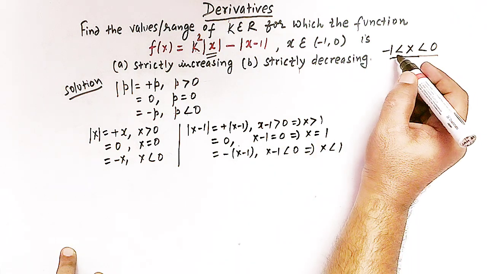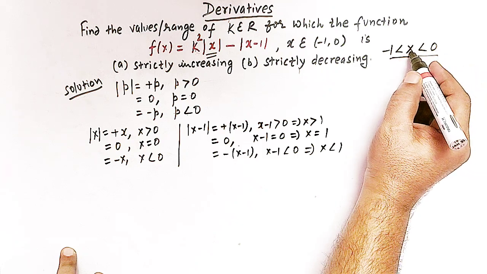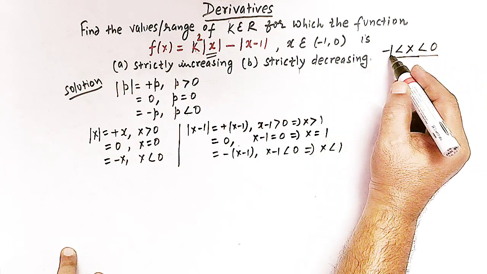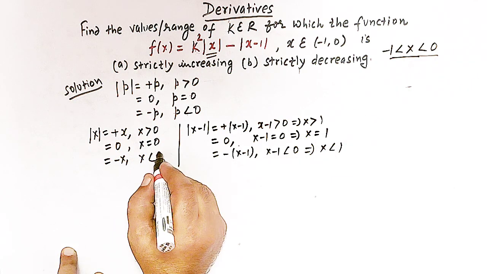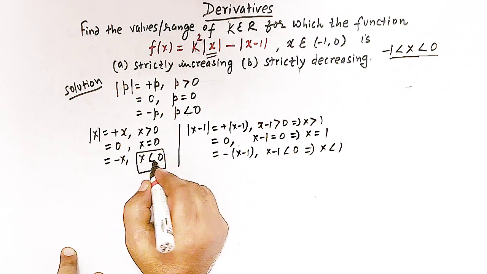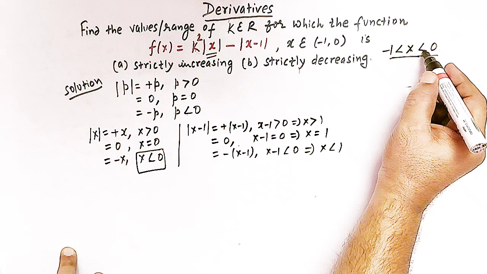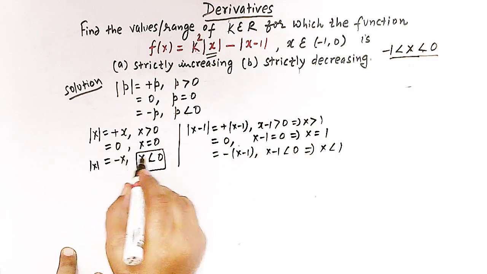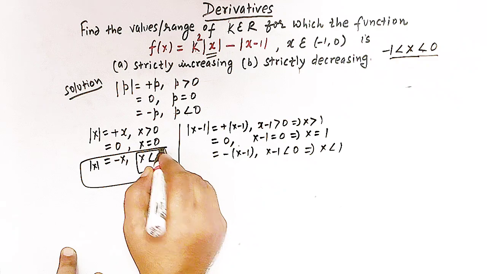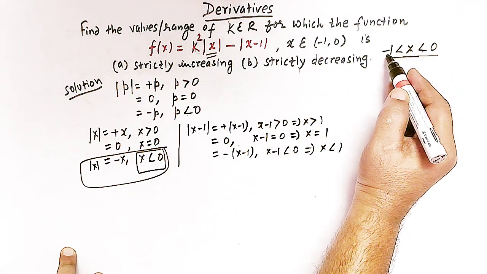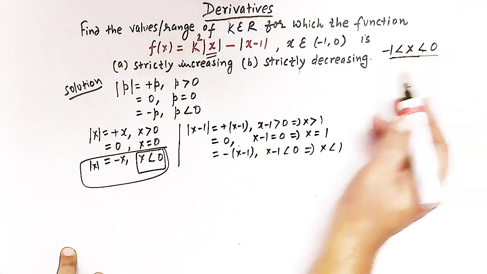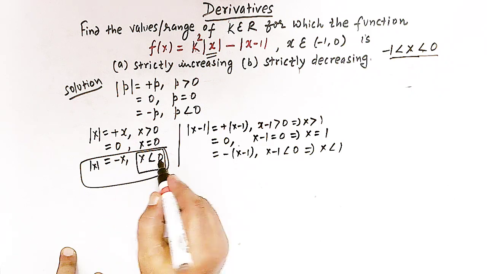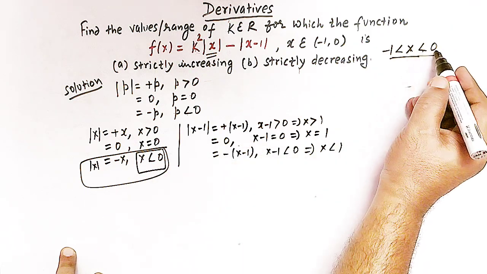Okay, now let us see this interval, that is x lying between minus 1 and 0. Now see, here we have x less than 0. So mod of x is equal to negative x when x lies between minus 1 and 0, because mod of x is negative x when x is less than 0, and here we are given x less than 0.